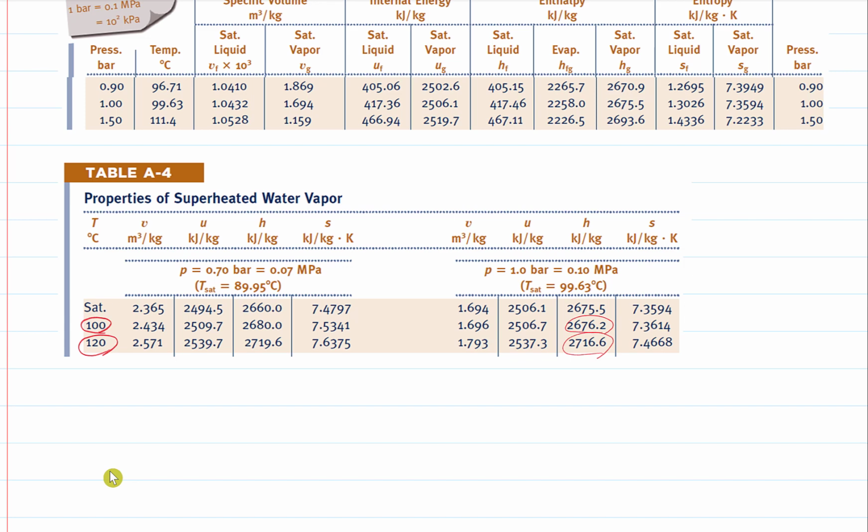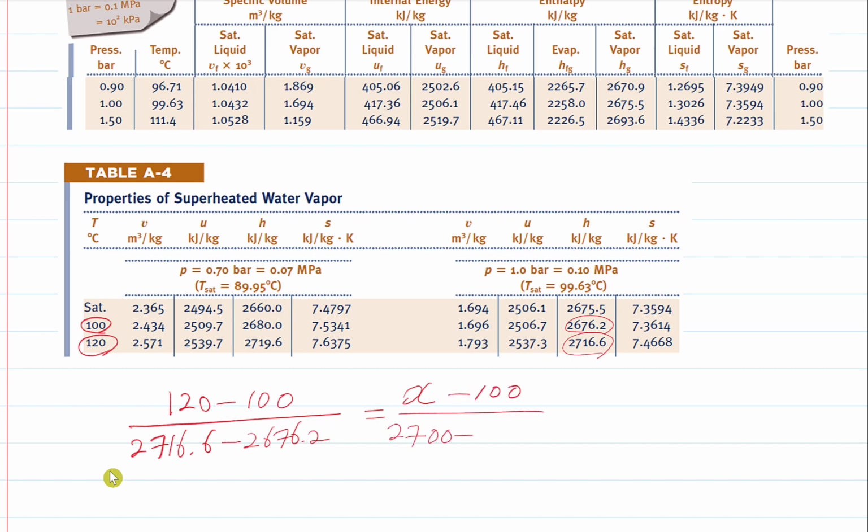So we can do the linear interpolation. x is the temperature at the given condition. The temperature at the given condition is 111.78 degrees Celsius.